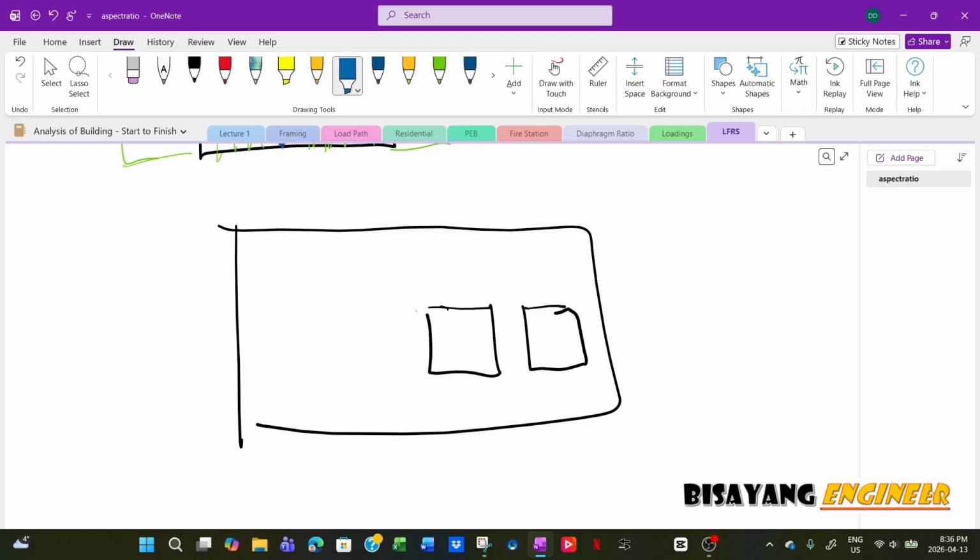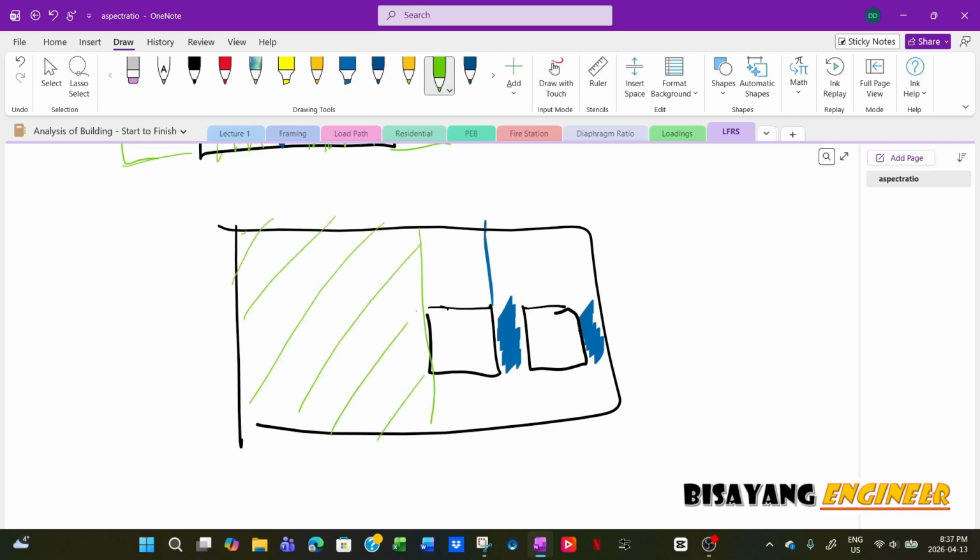So this particular wall will not meet the aspect ratio, so you will be forced to use just this portion here. But if you move the window in this direction so that you can use this portion, or if you can adjust the window so that this whole segment can be used as a shear wall, make sure it will meet the aspect ratio.